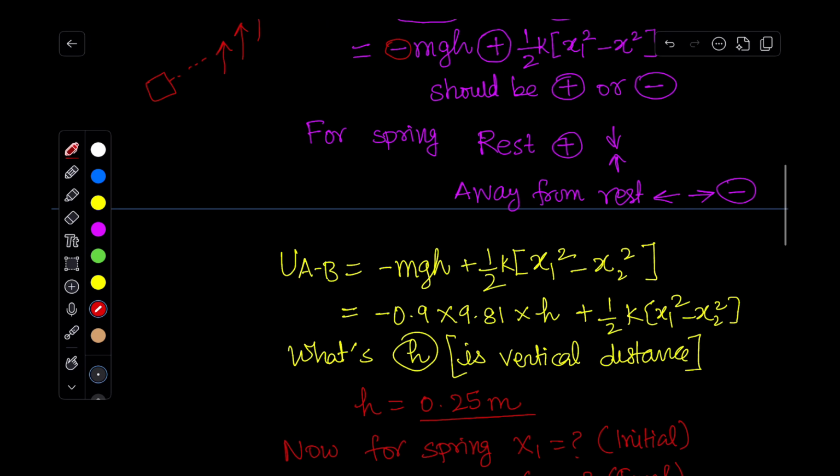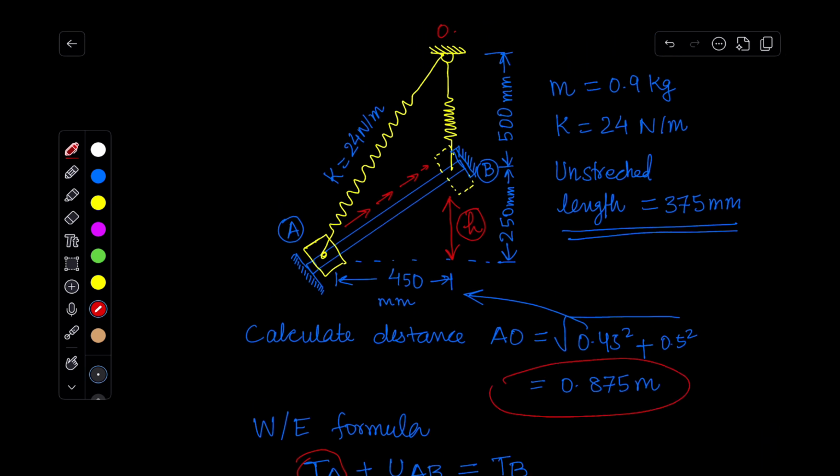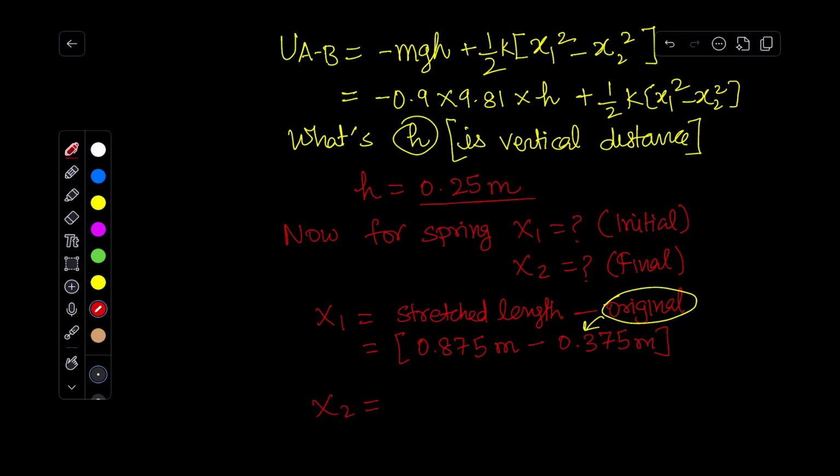We can say here that the total stretch length will be this AO minus the actual or original dimension of the spring, or unstretched length, that is 0.375 meter. So the total stretch is 0.875 meter minus 0.375.